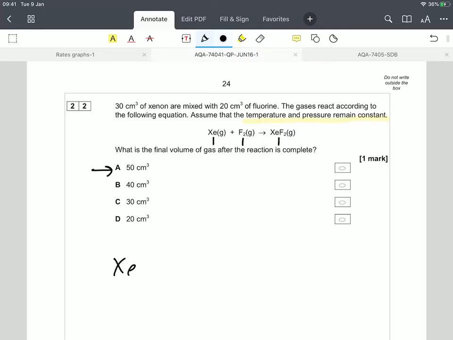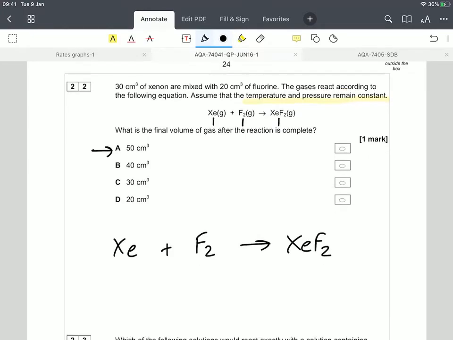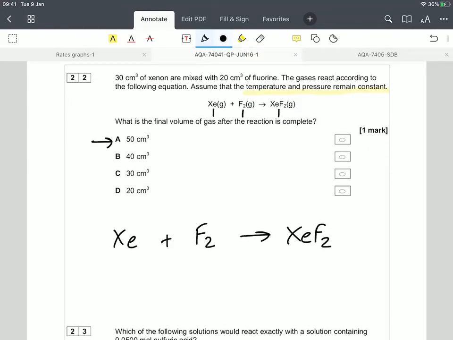So let's just thrash this bit out in a slightly larger equation. If there's 30 centimetres cubed of that, and there's 20 centimetres cubed of that, but they react in a ratio 1 to 1, then one of the reactants is in excess. And if you think about it carefully, it's really obvious which it is. It's the xenon, right? So that's in excess.